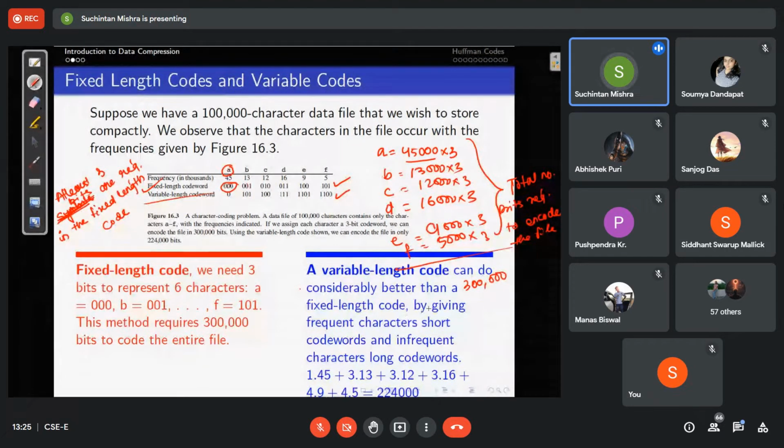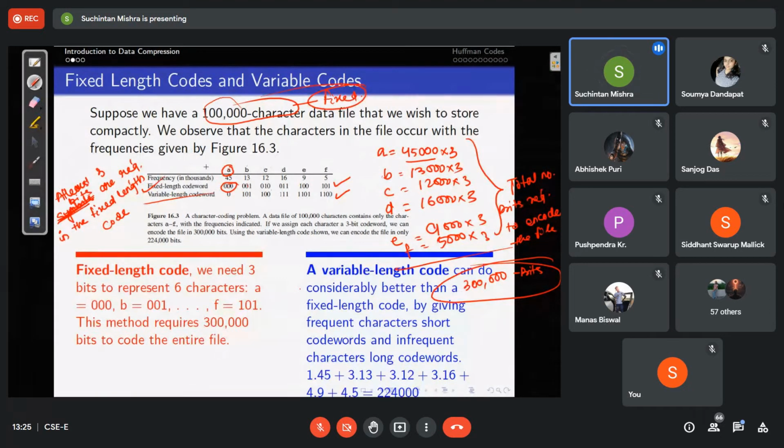Yes, it is correct. So a total of 300,000 bits will be required to represent a file of 100,000 characters using the fixed length code.